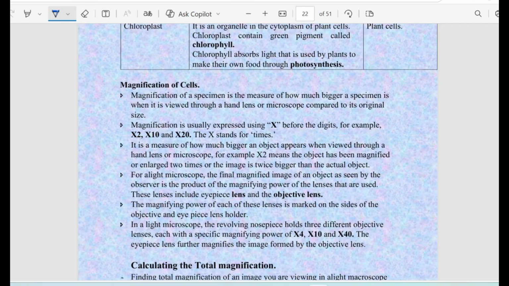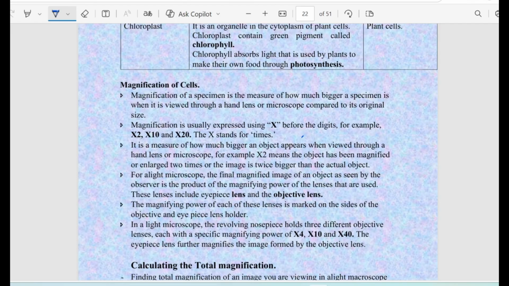Magnification is usually expressed using times. Don't say x, it is times. Before the digits, for example, times 2, times 10, times 20. The x stands for times. If it's times 2, it means that specimen has been magnified 2 times.